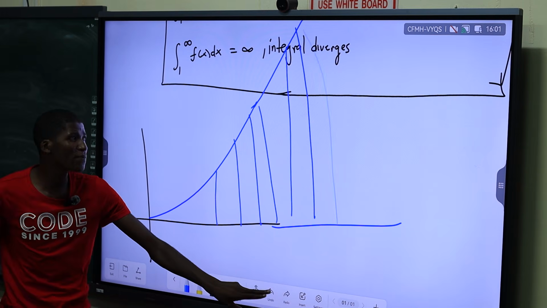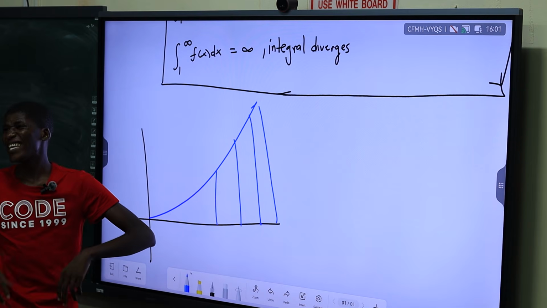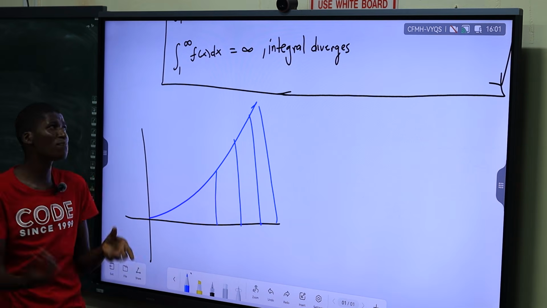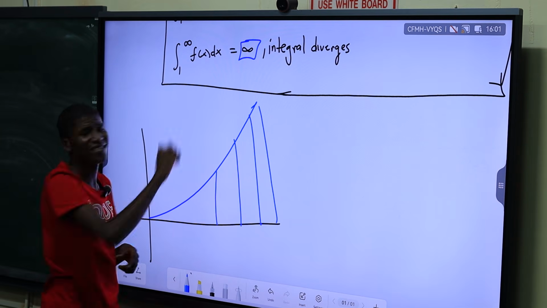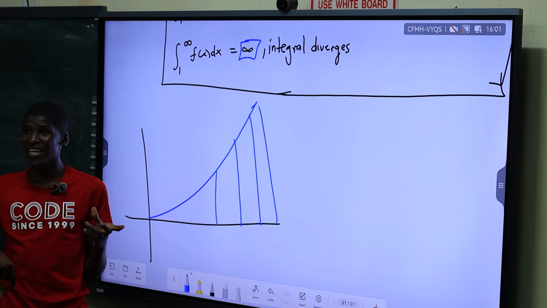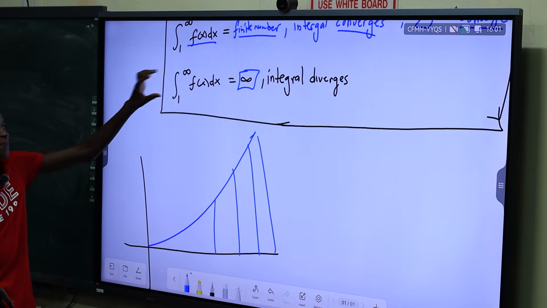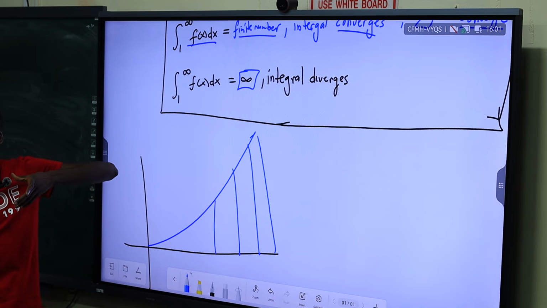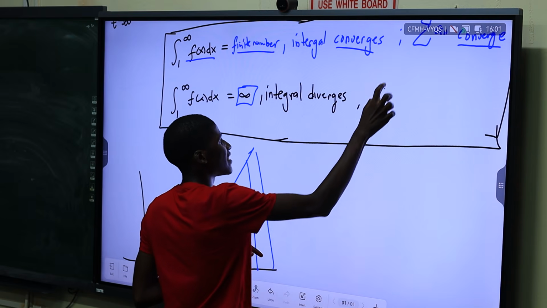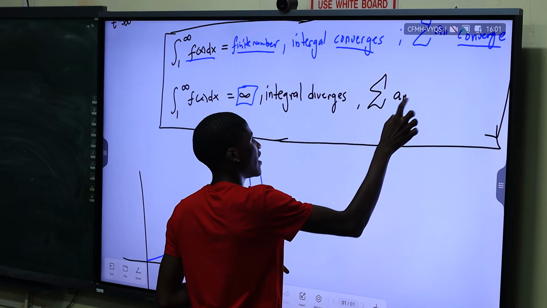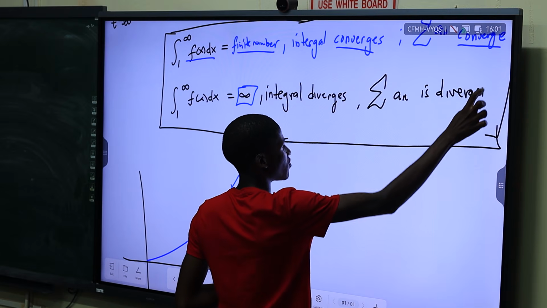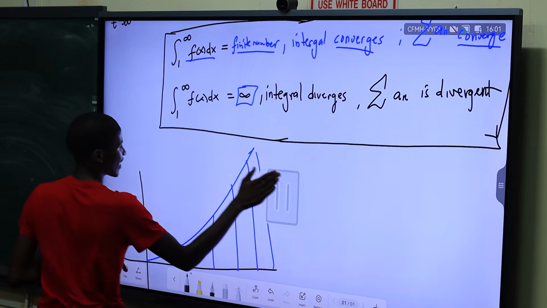Since the integral represents the area, the integral becomes infinite, which means your integral is diverging. So the sum that is making up your integral is also diverging. So the sum of a_n is also divergent as well. So that's how you use the integral test.